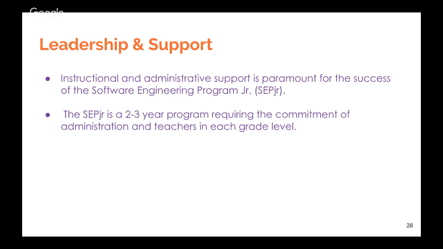So, one of the Saturday sessions might be focused on implementation of Scratch and Scratch Junior for project-based learning, and therefore your school would send those teachers that are using the project-based learning units with Scratch and Scratch Junior to that particular session to learn a little bit more about that.